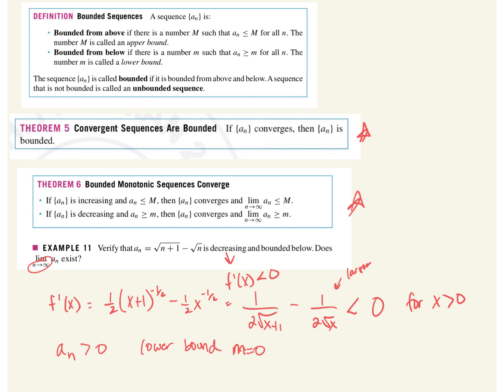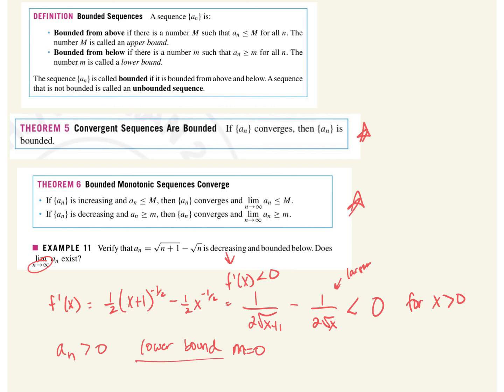If I just picked a value of 1, then the square root of 2 minus the square root of 1 is smaller than if I chose 0. So anyways, the lower bound is approaching 0, but not necessarily hitting it. And that's all that we needed to show.